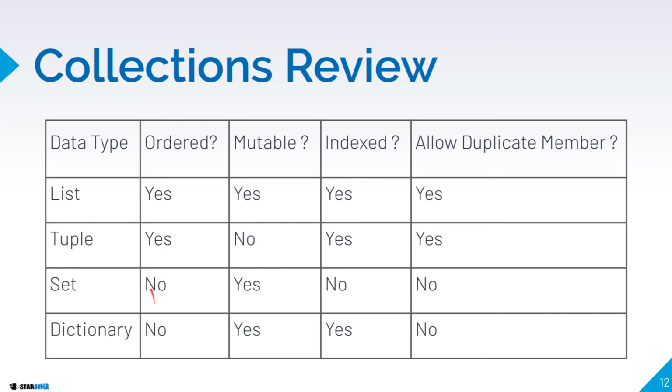A set is not ordered because it starts from the least to greatest, and it also doesn't have indexes. We can add items, and it is mutable, but there are no duplicate members, which makes it particularly useful. The final one, dictionaries, they're not ordered, but they do have indexes, and we can add items to our dictionaries. However, we can't have duplicate items in our dictionary.